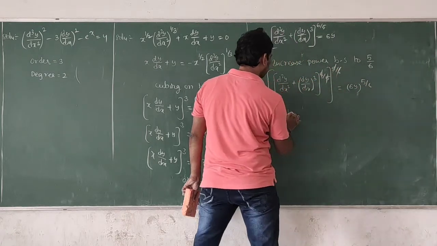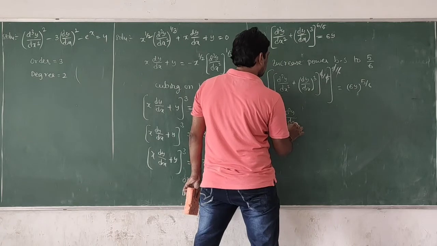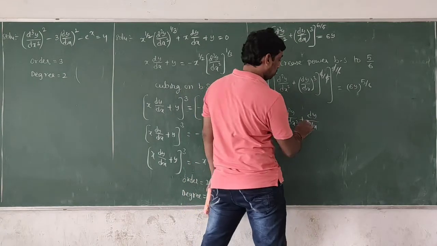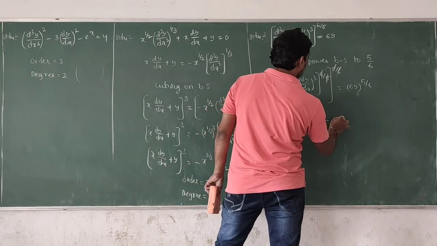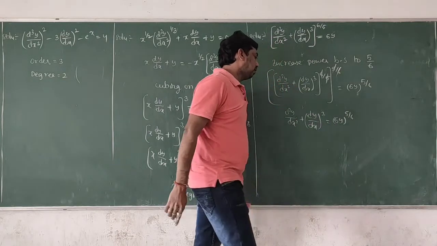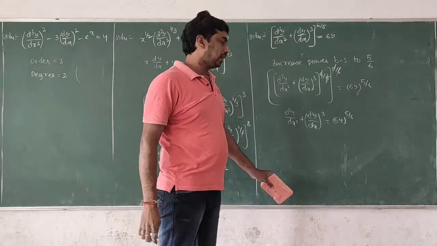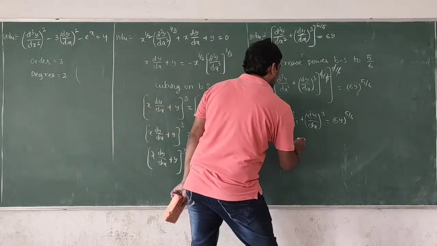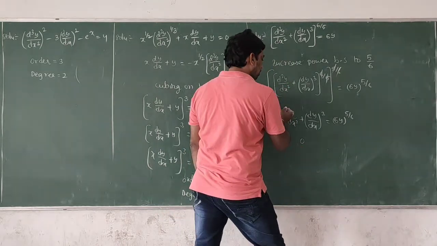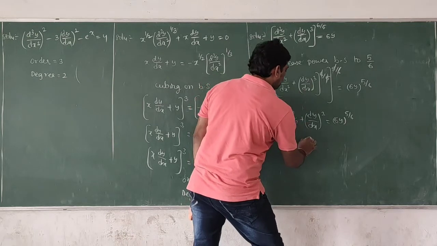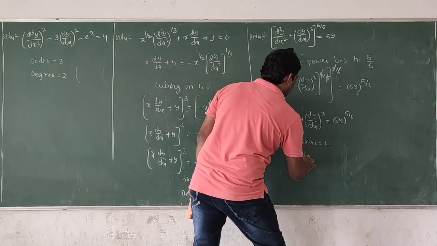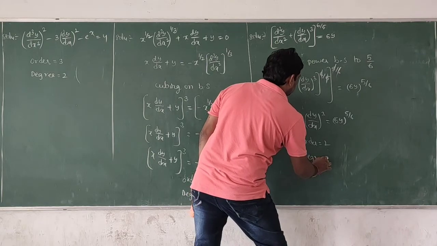Now write down the equation: d square y by dx square plus dy by dx whole cube equals 6y whole power 5 by 6. Now the derivative powers are non-negative integers, so write directly. What is the order? Very good, 2. What is the degree? 1. So that's it: order 2, degree 1.